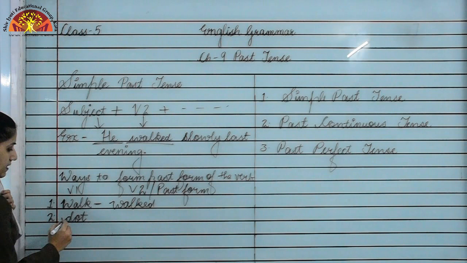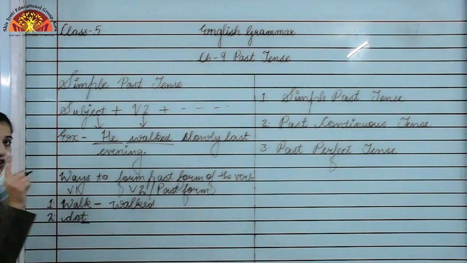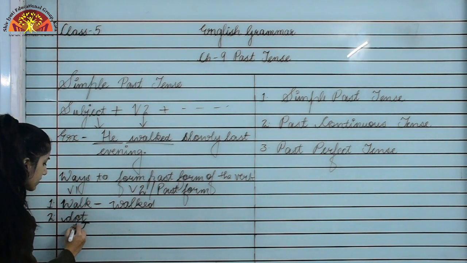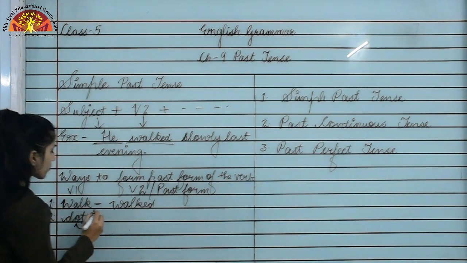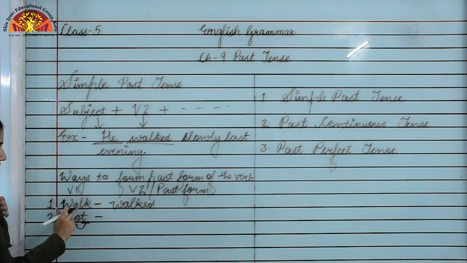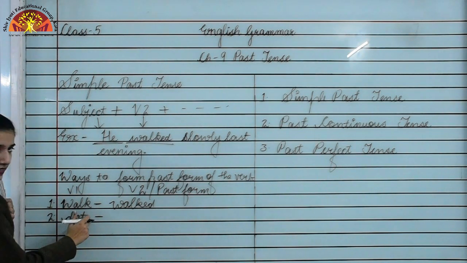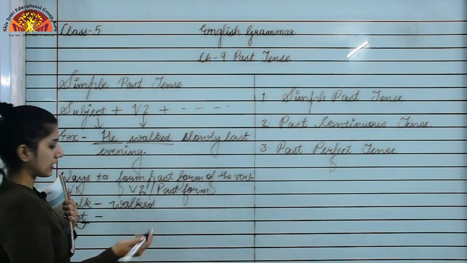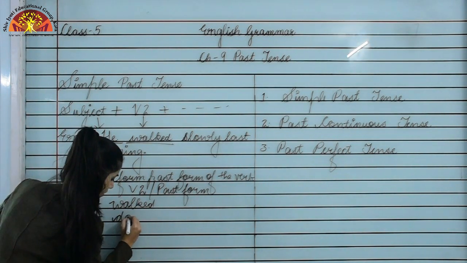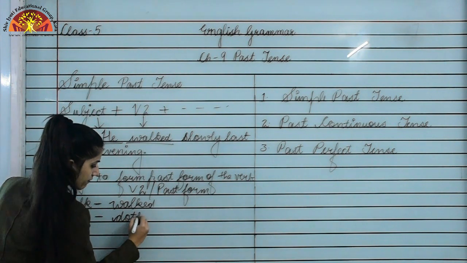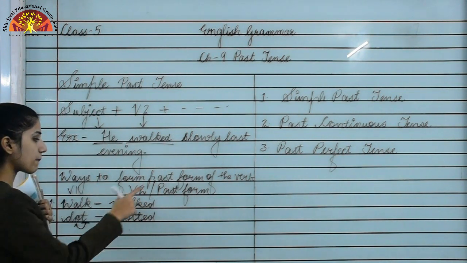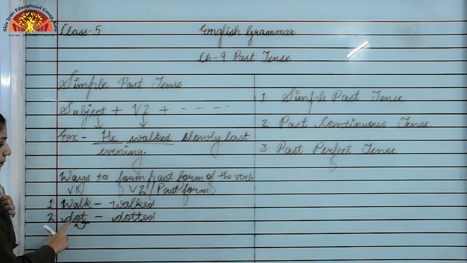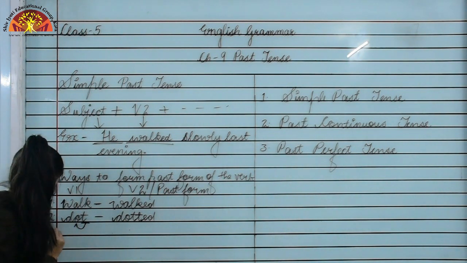You can see it is ending with a consonant, and before the consonant there is a vowel, O. Now we have to double the consonant. What is the consonant over here in the last? That is T. We have to double this letter and then add ed. Single T and then we are doubling it, double T and then ed. This is the second form or the past form of the verb dot. Now let's see another rule.